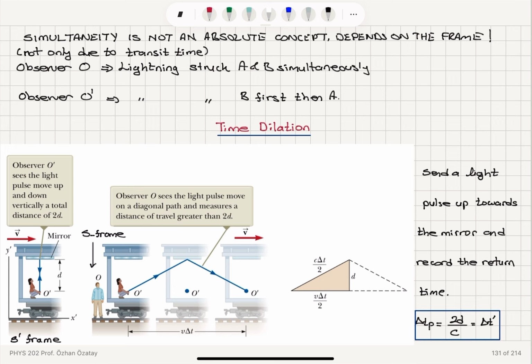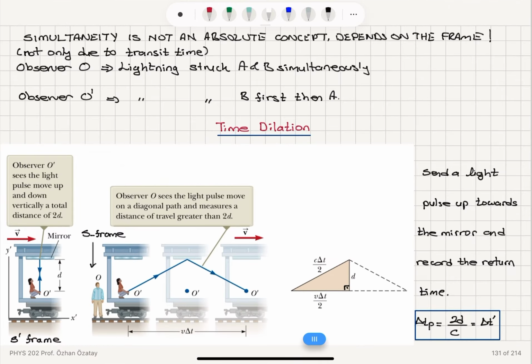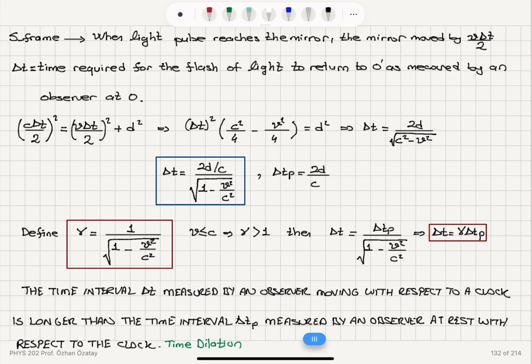On the other hand, for the S frame observer, the Earth reference frame observer, we have this right triangle here, and we have (c delta t over 2) squared, hypotenuse squared, is d squared plus (v delta t over 2) squared. So this is basically going to let us know how much time passed.